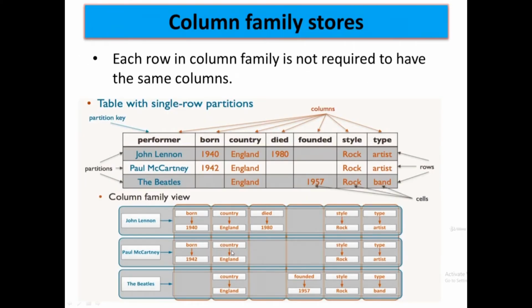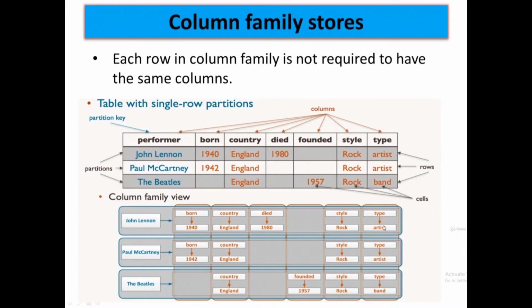Here is how data in a table would translate to the column family. So for example, this is a table like in your relational databases where each customer's information is stored row by row. So it is stored in rows and columns. This same information can be represented in a column family view like this. So here John Lennon is a row key of the first column family.